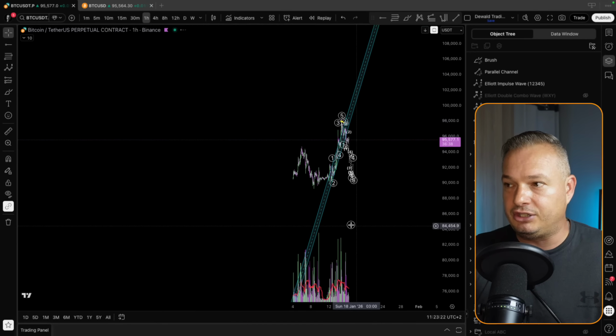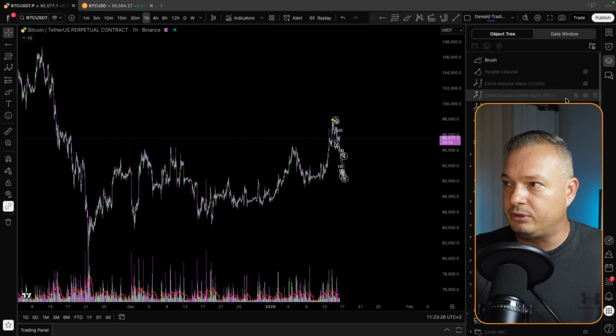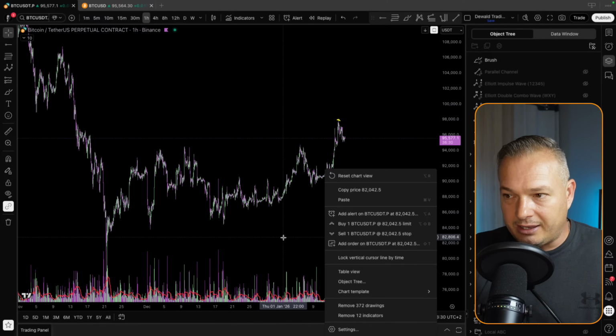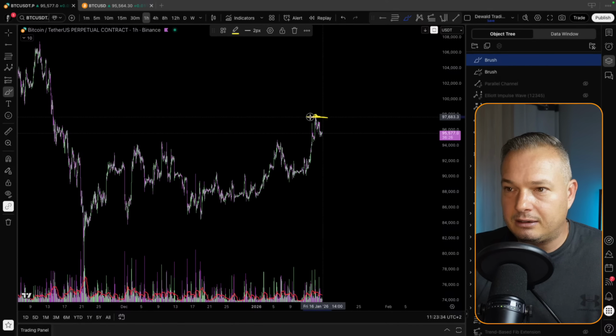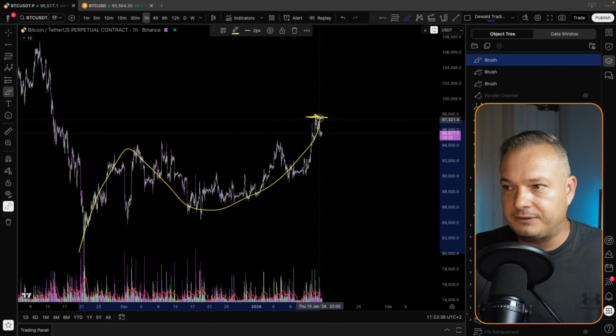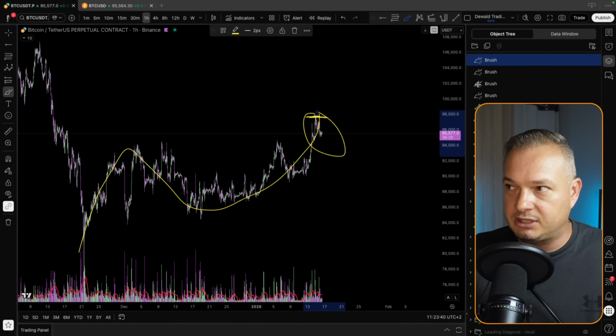Okay, this is now the danger, guys. Let me explain the absolute danger over here. I just want to take this out of the way. So from a higher time frame perspective, if the high is in and the 3-wave corrective structure is done, you want to form impulses to the downside.